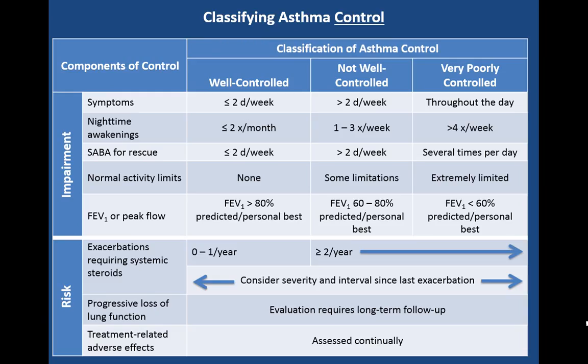Okay, so once you have a patient on your controller medications, then you got to go back and reassess their level of control. And typically this is done after a therapy change, usually anywhere from 6 to 12 weeks, depending on how severe the patient was when they presented. Sometimes even 2 weeks.